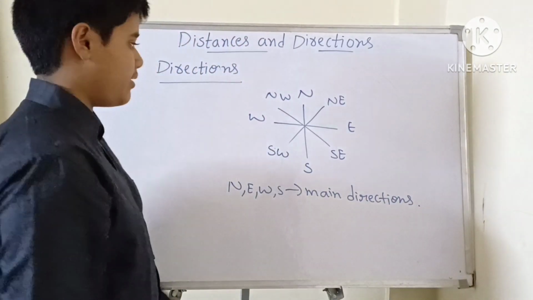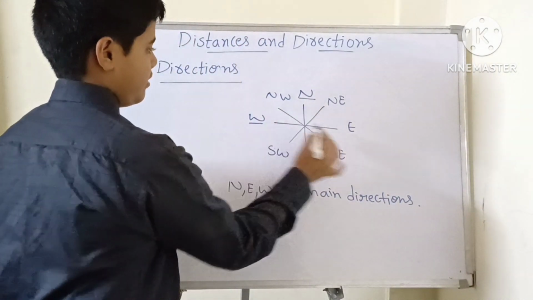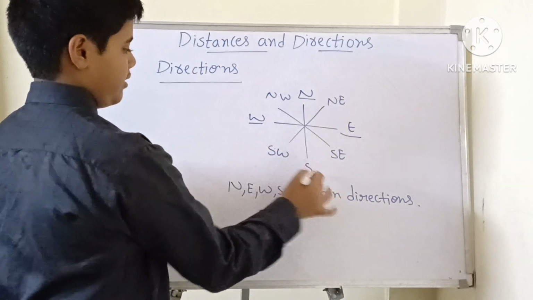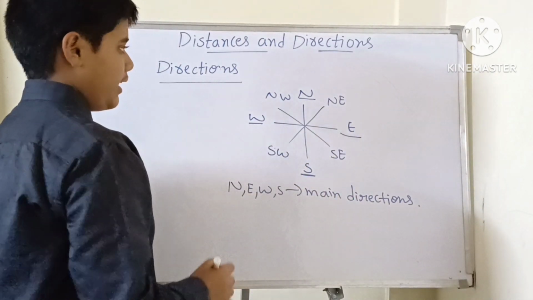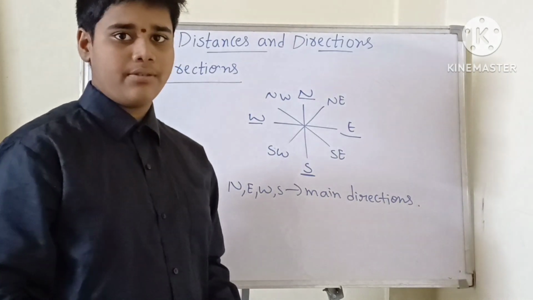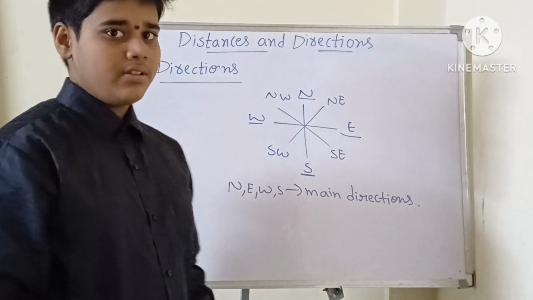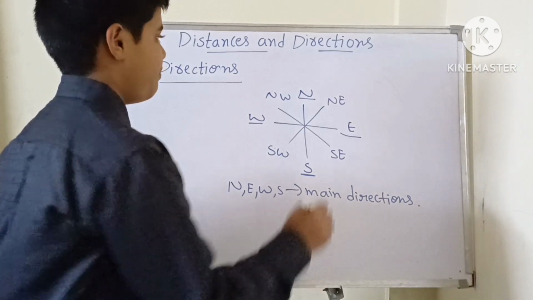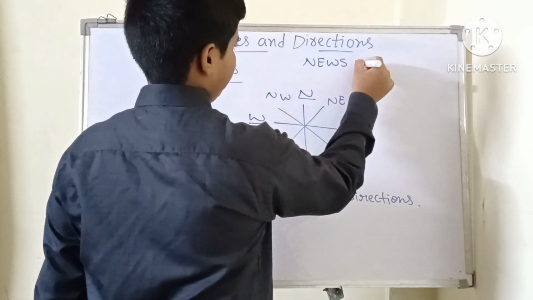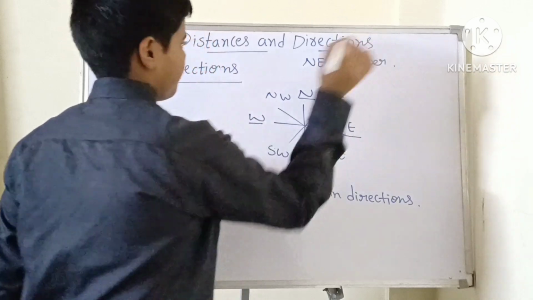See here, north, east, west, south are main directions. In daily life, we read newspaper. So in that, newspaper is spelled NEWSPAPER.